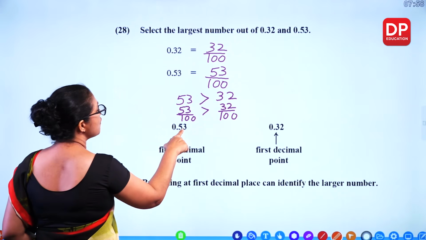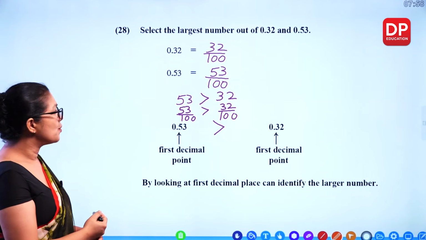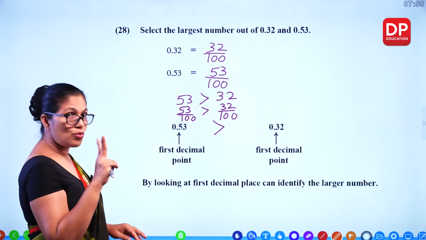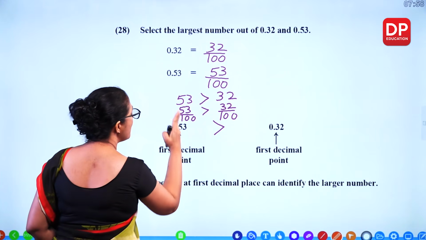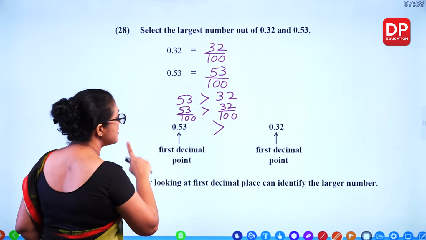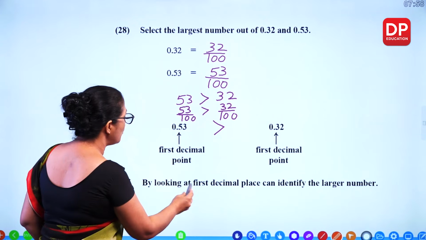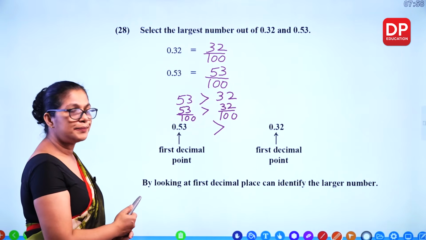That means 0.53 is bigger than 0.32. So when you get two decimal places, you still look at the first one. If the first number is bigger, the whole decimal number is bigger. By looking at the first decimal place, you can identify the larger number.